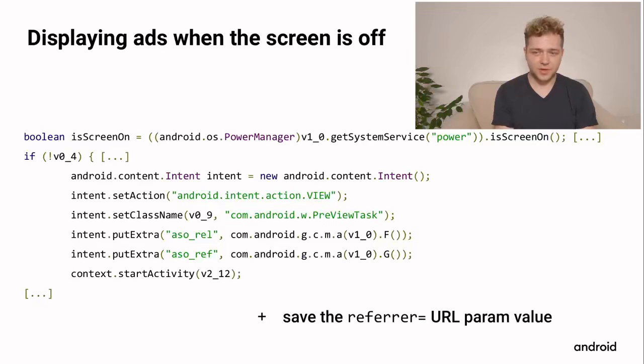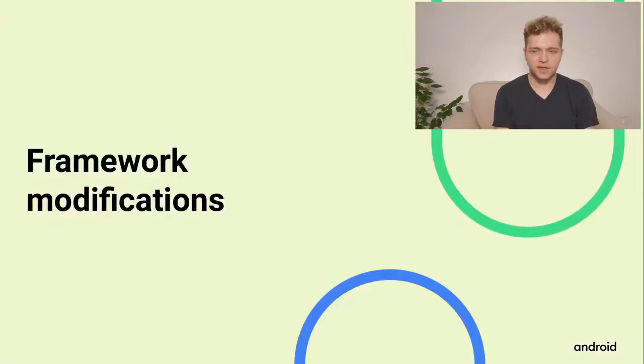And when it saves that refer URL parameter value, it will use it later on. And I will show you how this is being used later on. But the idea here is to display the ad when the screen is off. So pretend that the user saw the ad and was redirected to some other URL, and that URL had the refer value that will then be used.